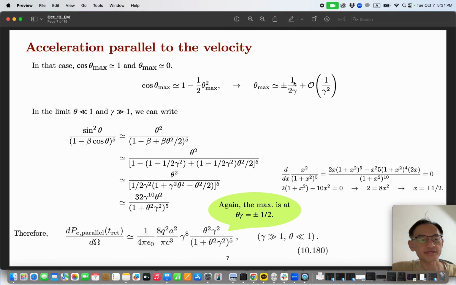So let's remember this. And in the limit, when theta is small and gamma is very large, remember, this is the angular term that we found for the case of acceleration parallel to the velocity. And you can simplify this and further replace beta with gamma that we found in the previous slide.